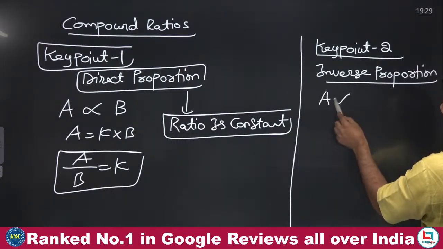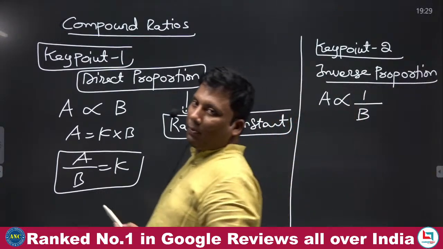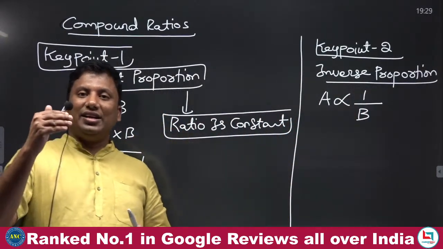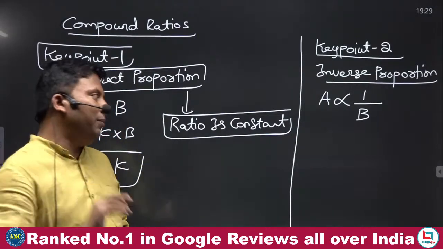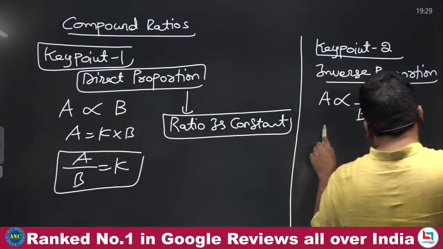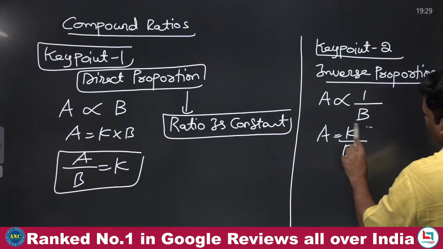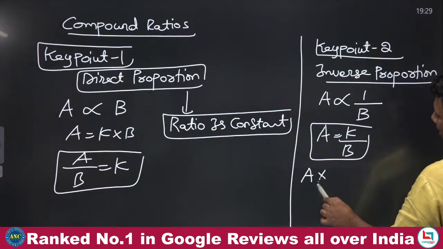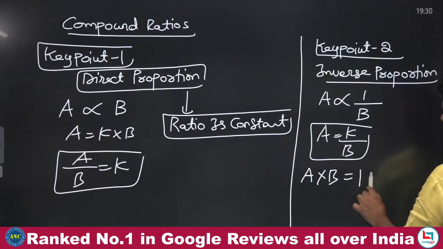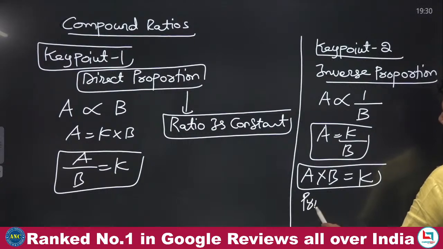A is inversely proportional to B. If A is double, B will become half. If A becomes 1 by 3, B will become 3. A is inversely proportional to B, so A is equivalent to K by B. That means A into B is equivalent to K. Product is constant.